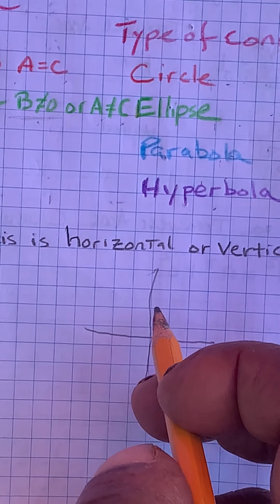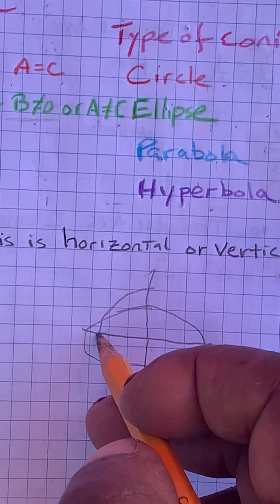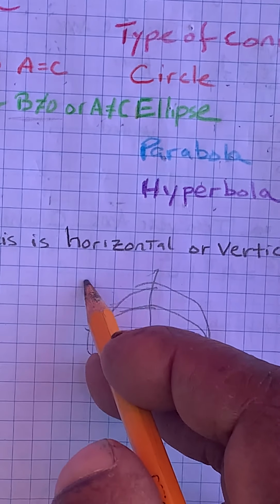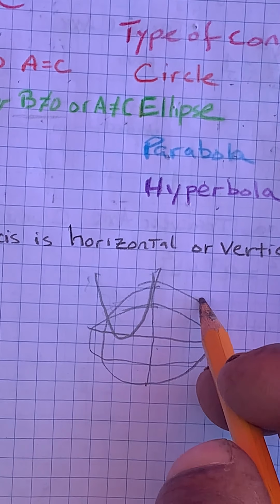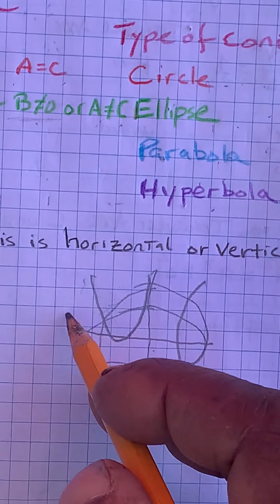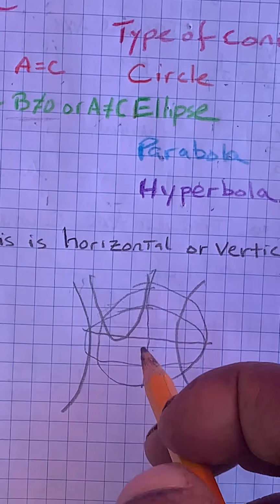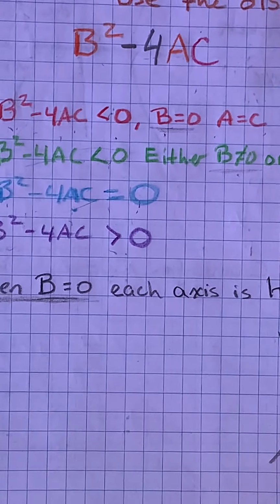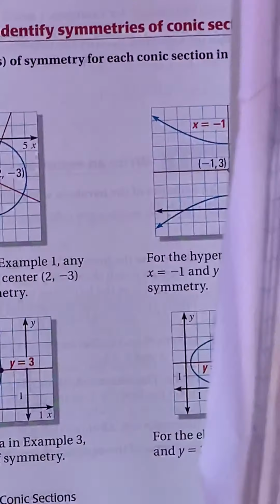All the ellipses you've drawn, all the circles you've done, any parabola you did, any hyperbola you did, all our axes were either vertical or horizontal. I mean, all of them had b equals 0. That's going to be important. Let's see what happens in the next little piece.